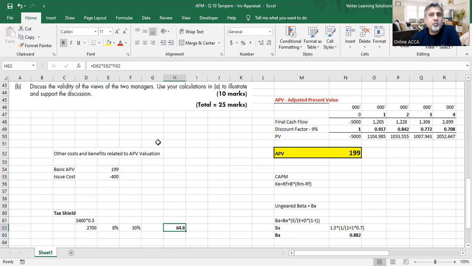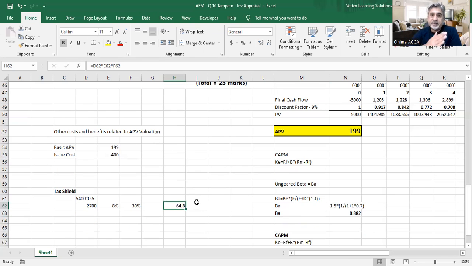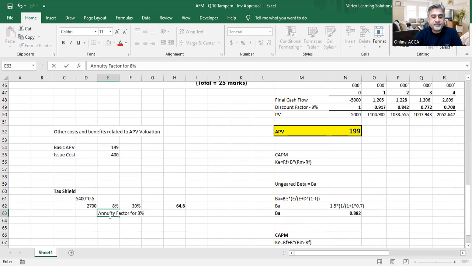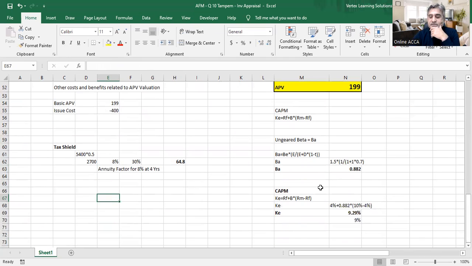And this tax benefit, you will get it in 4 years, not in 1 year. You are going to get it throughout the life. So you need to multiply it with the annuity factor. So what is the annuity factor for 8% at 4 years? Let's multiply that. If I find out the annuity factor for 8%, again you will use your annuity table.